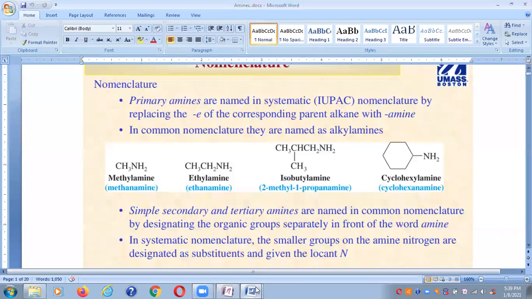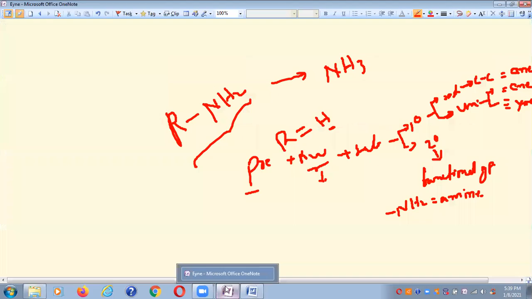Okay, so the first one is CH3NH2. What is this? Methyl amine. This is the general nomenclature, methyl amine, and according to IUPAC, this is methane amine. Let me show you.